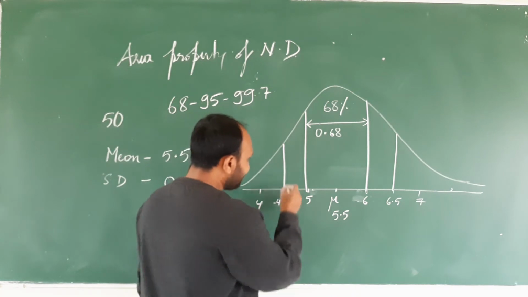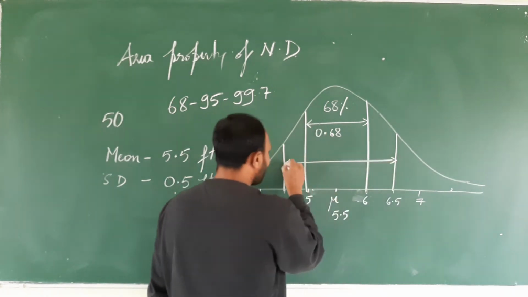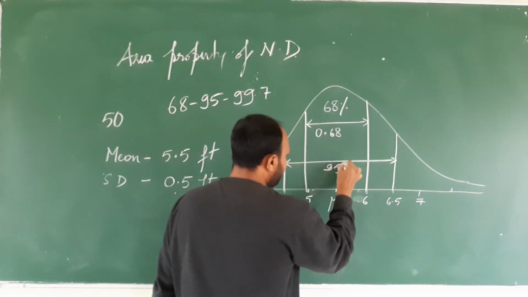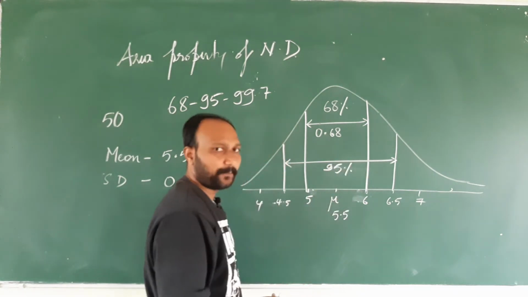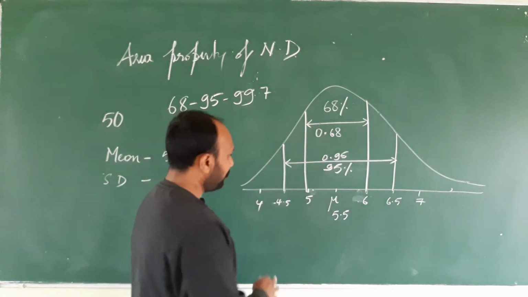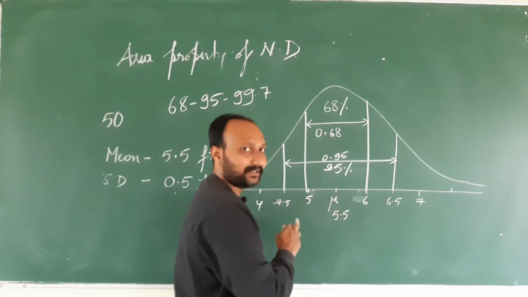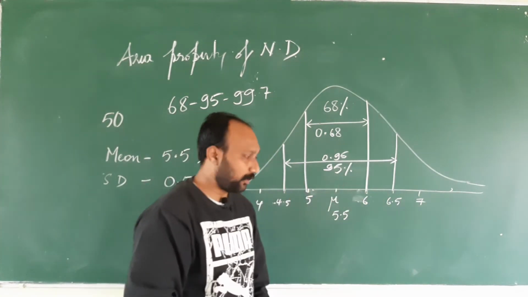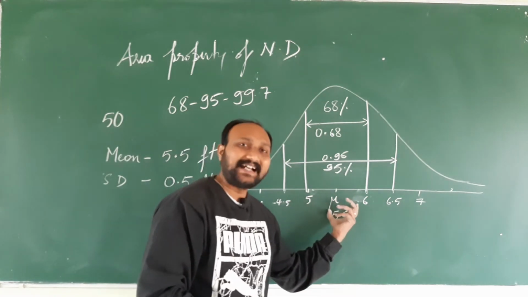This area indicates 95% of them, that is 0.95, which covers 2 standard deviations.